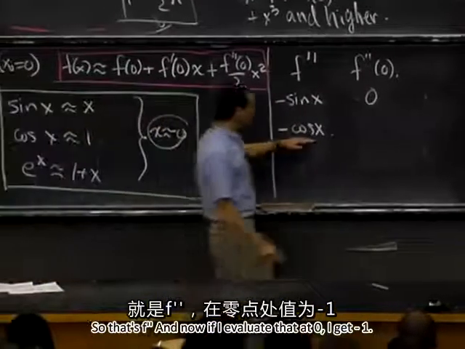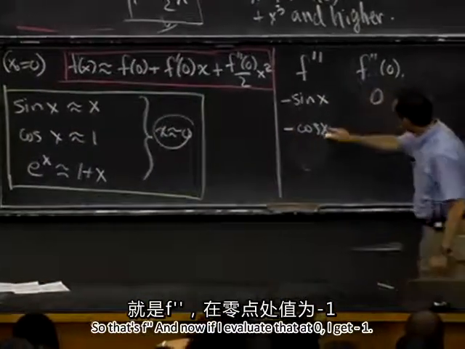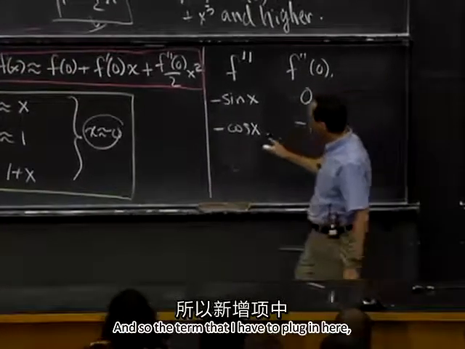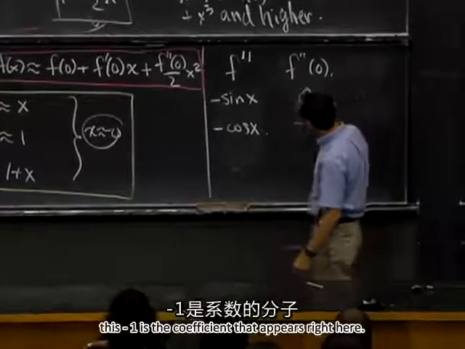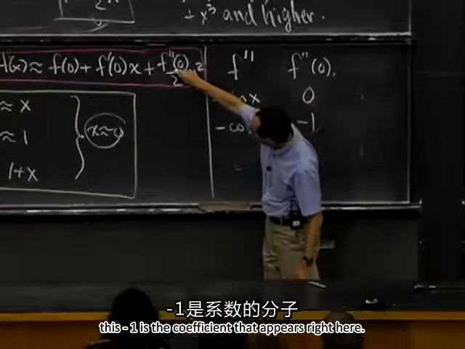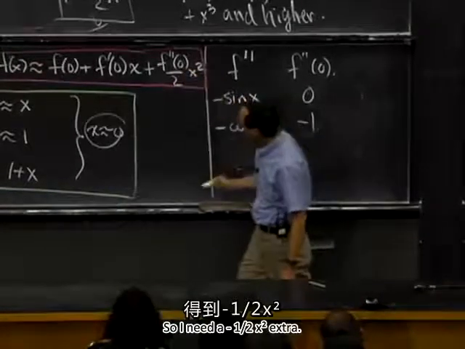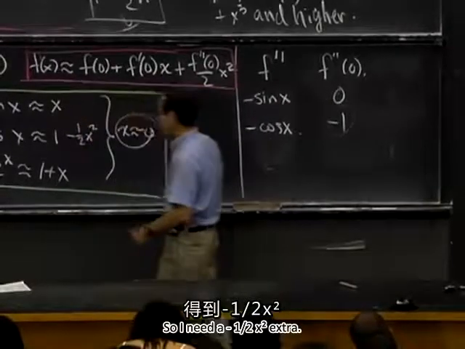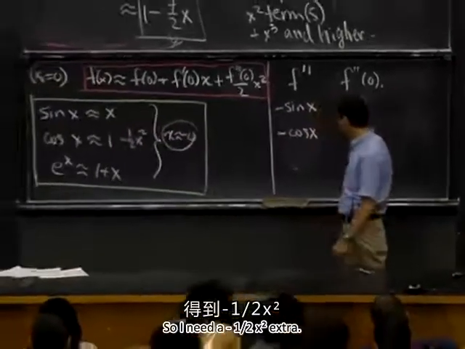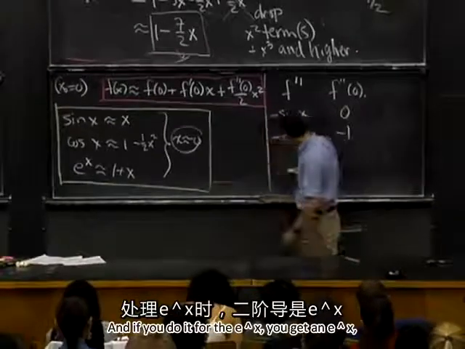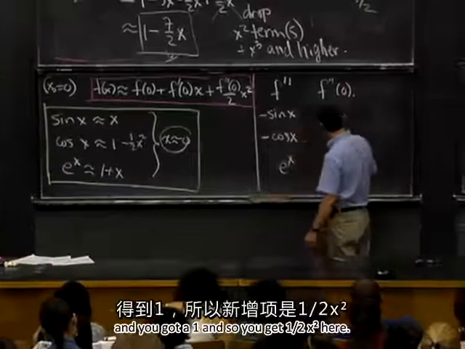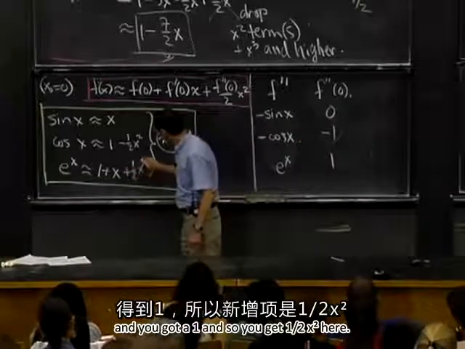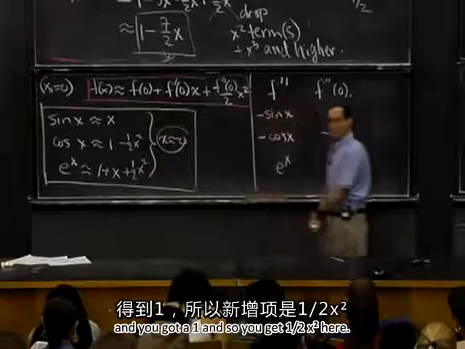And now, if I evaluate that at 0, I get negative 1. And so the term that I have to plug in here, this negative 1 is the coefficient that appears right here. So I need a minus a half x squared extra. All right? And if you do it for e to the x, you get e to the x, and you get a 1. And so you get a plus a half x squared here. All right?